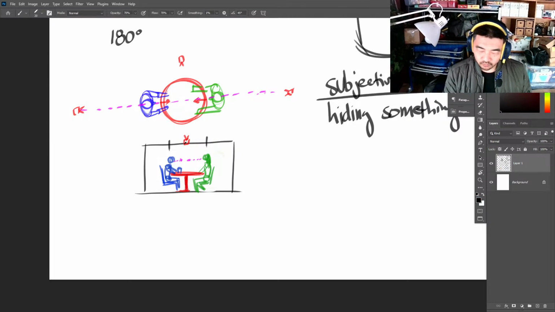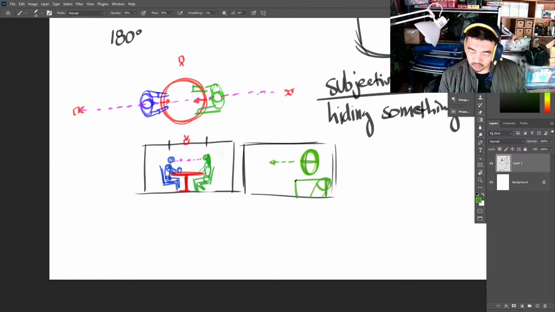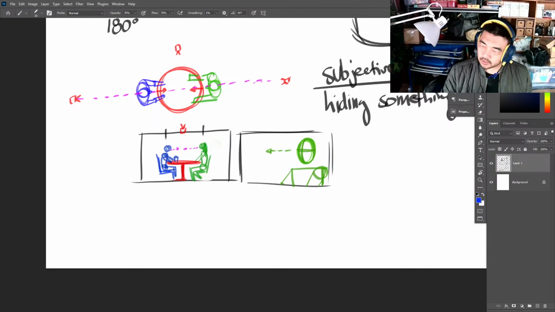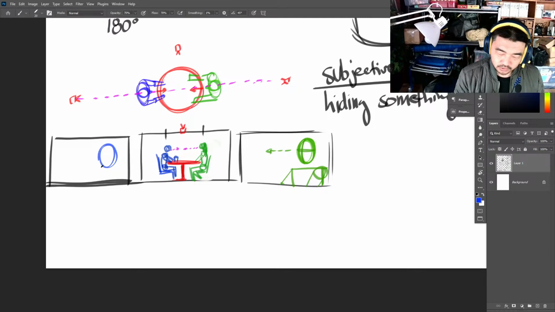So let's do, if we're over here, let's say that you want to see the audience is looking at the person running over, or you want to see the green character right here, so you would do your green character looking still in that direction. And then you would do the blue character in this direction.